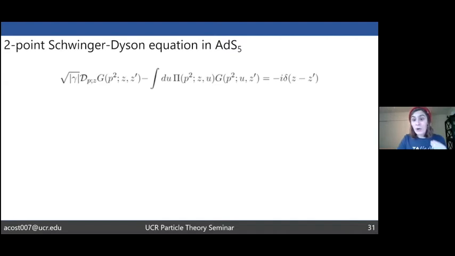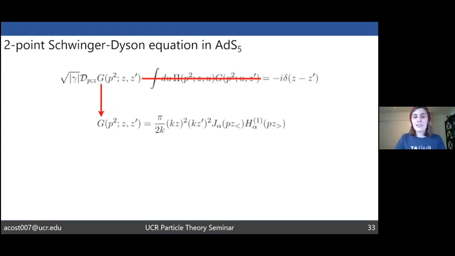The way that we found to do this is via using an ansatz. To see what ansatz we might want to use, we first just look at the equation of motion, so we ignore the quantum corrections. The solution to this equation of motion is Bessel functions. At large distances, these Bessel functions go as oscillating exponentials.